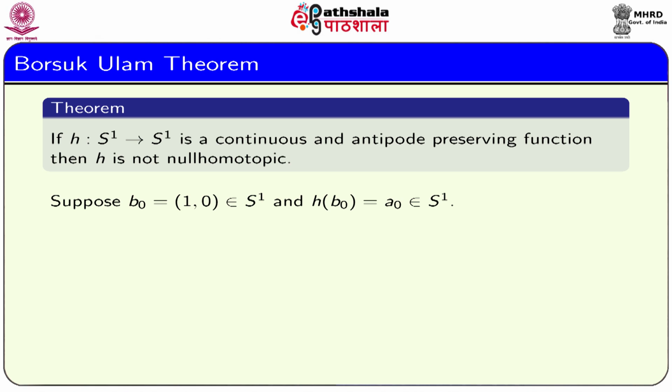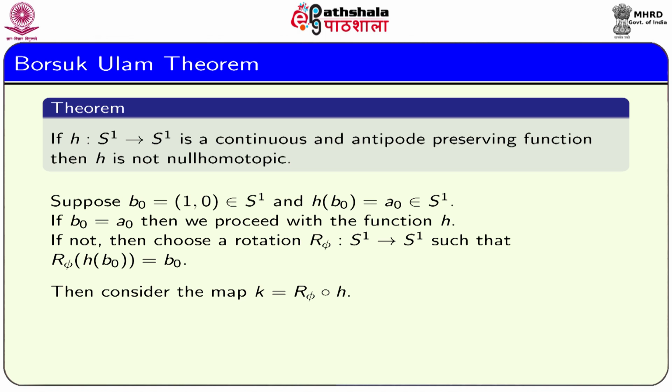Suppose B0 is a point taken from S1, that is the special point ordered pair (1, 0), and suppose that the image of B0 under the map H is A0. If B0 and A0 are the same point, then we proceed with the function H. If not, then choose a rotation R phi such that R phi composed H of B0 is equal to B0.